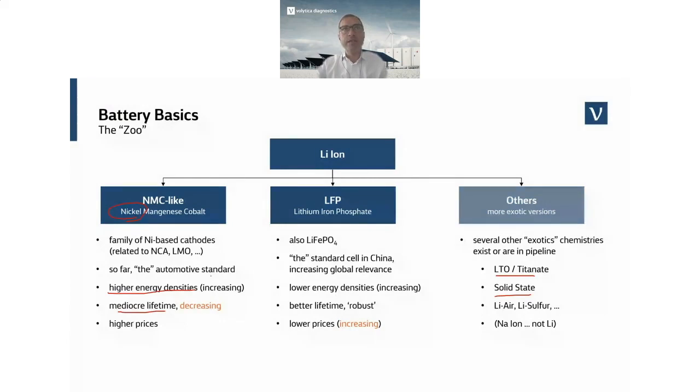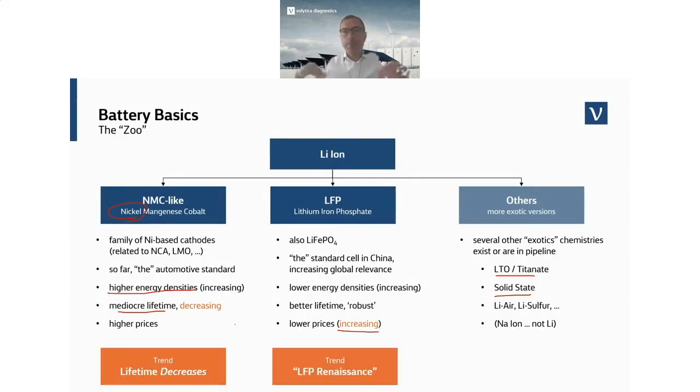But increasingly comes this lithium iron phosphate cells from particularly China. They have a lower energy density than the nickel ones, better lifetime, a bit more robust, and they used to be cheaper, but this is not true anymore. They are becoming more expensive.